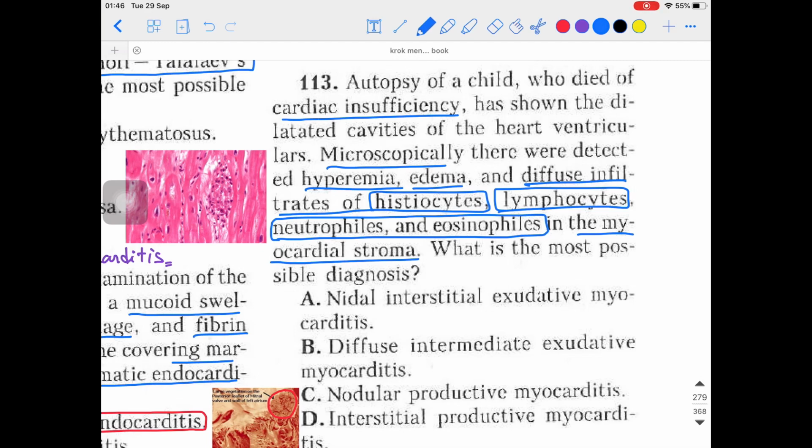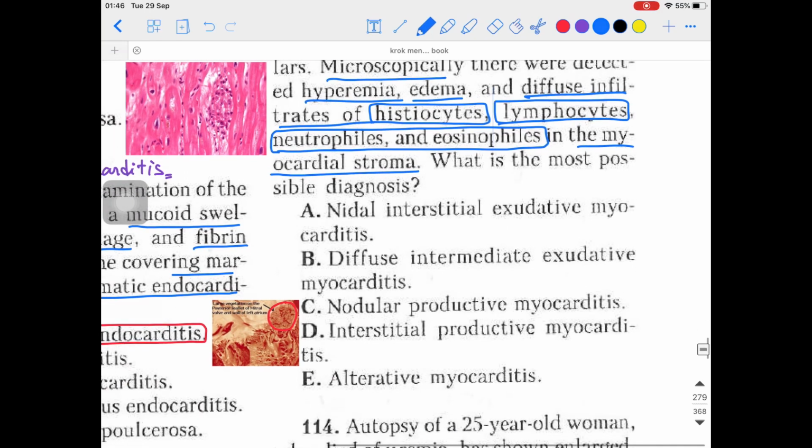If they are talking about the Aschoff body, the macrophages, the Anichkov cells, then they are talking about rheumatic myocarditis, mainly the Aschoff body. But right now they told you about histiocytes, lymphocytes, neutrophils, eosinophils infiltration. Mainly lymphohistiocyte infiltration is seen in non-specific exudative interstitial myocarditis.